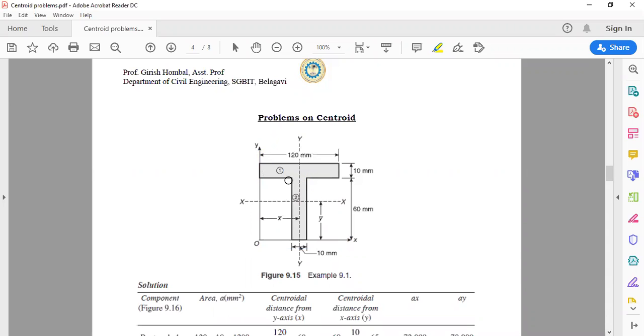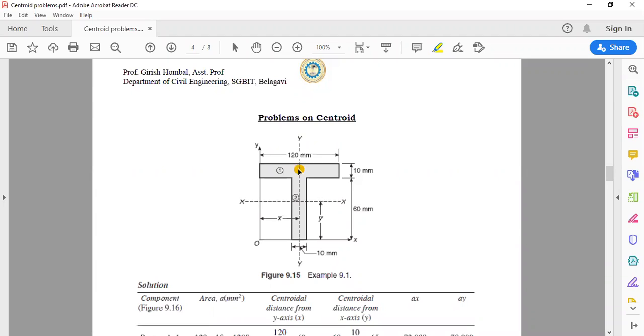Now in these two diagrams, first we need to locate the centroid of each diagram here. With respect to this first rectangle, the centroid lies somewhere at this point.